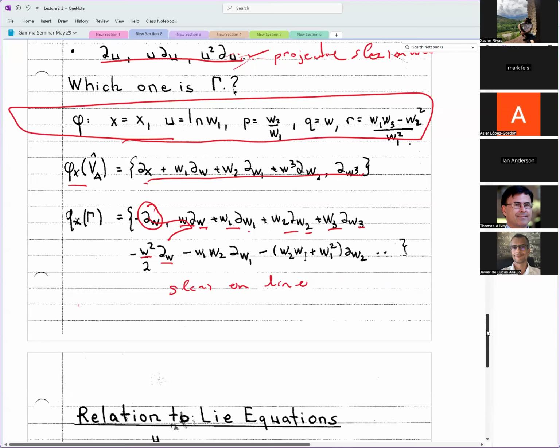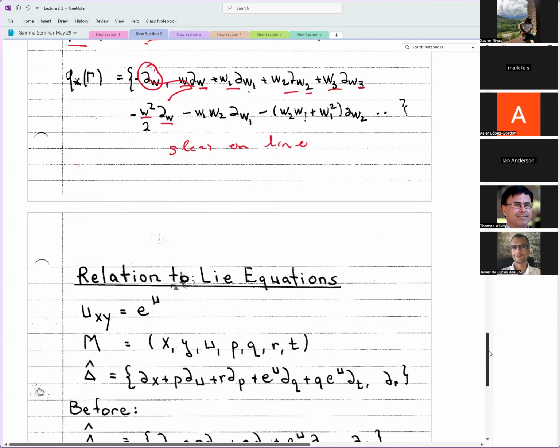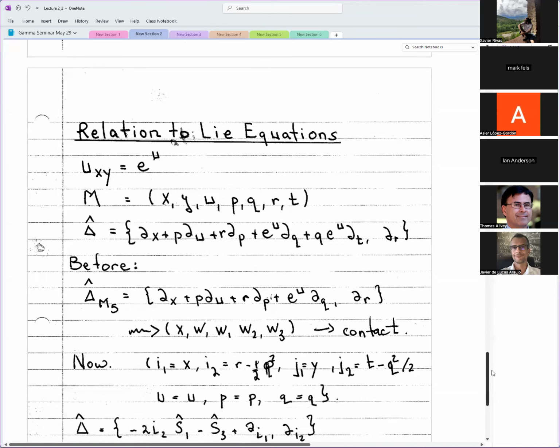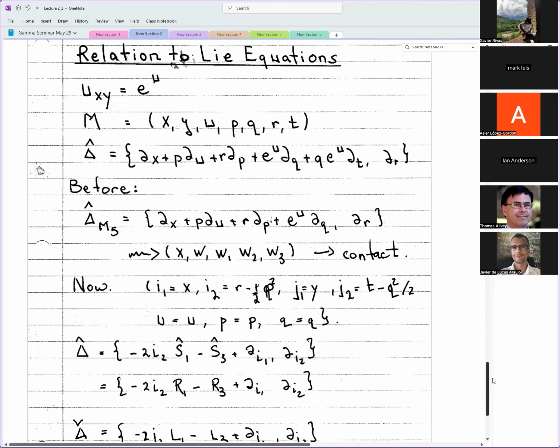Okay, so we want to talk a little bit about Lie equations. Let's have a look at our example. Here's our Liouville equation. Here are the coordinates that we're using, x, y, u, p, q, r, s. This is our 7-manifold. Here's our characteristic subdistribution from a previous slide.